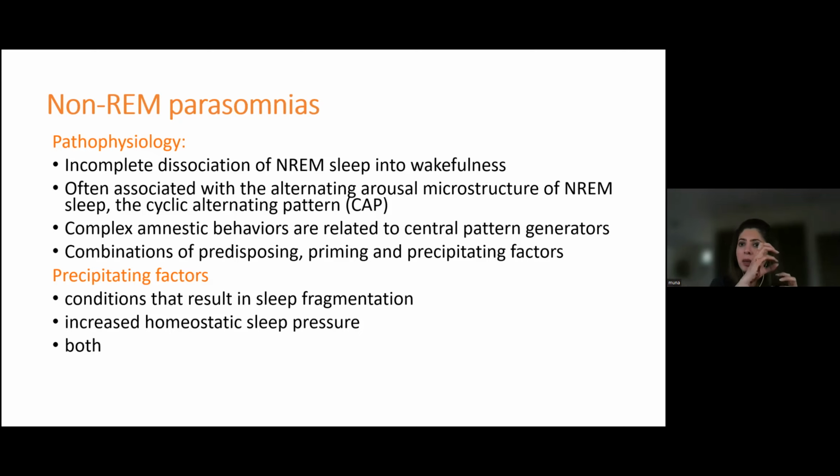There's incomplete dissociation, meaning some centers of the brain are waking up with high activity, but the full cortex is not yet awake. For example, in sleepwalking, the area of consciousness in the brain is still sleeping, but the motor area has high wakefulness-type activity.